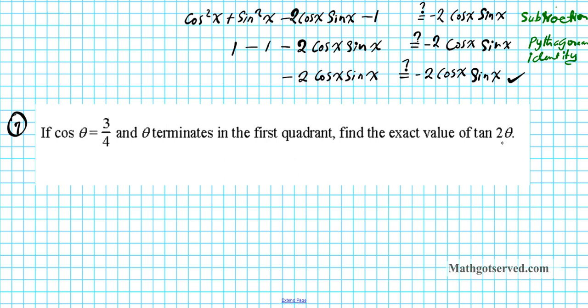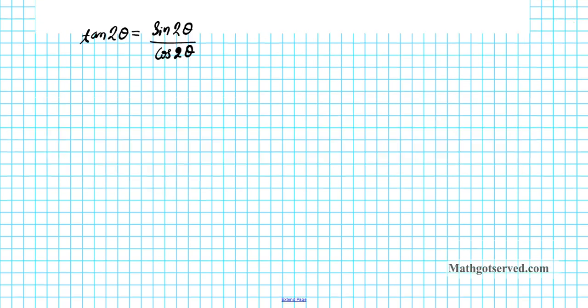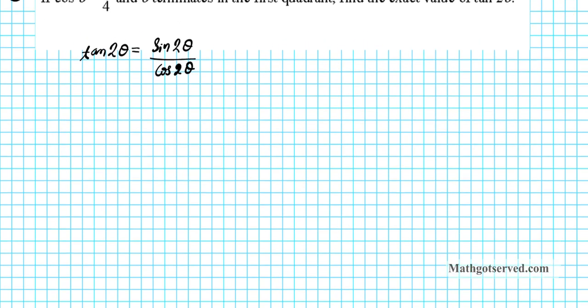This is going to be the double angle identity for tan. There are different variations of them. The one I'll use is sine 2 theta divided by cosine 2 theta. To figure this out, I'll just find sine 2 theta and cosine 2 theta, and then divide them by each other to get tan 2 theta.